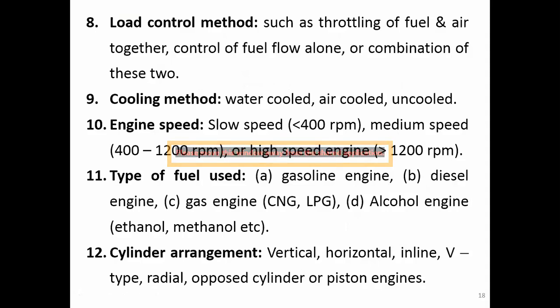Okay. Another classification is called the load control method, right? How we control the load on the engine. We can do it by using the throttling process of the fuel and air together. That means we control the amount of fuel and air together through the throttling valve. Okay.